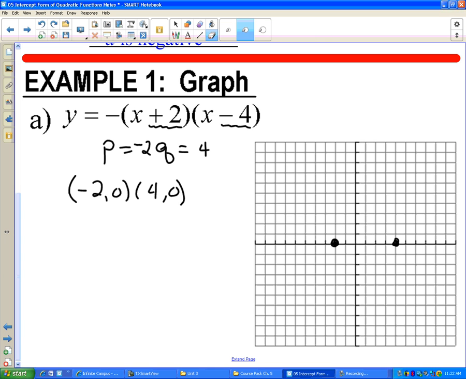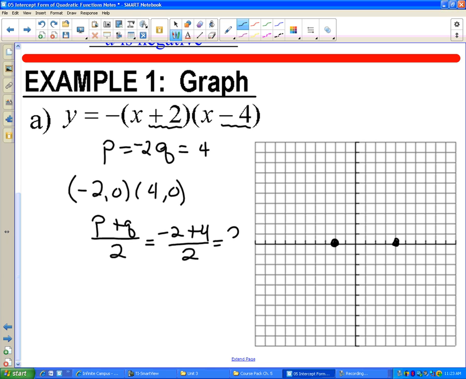I can do it graphically or I can do it algebraically. Algebraically, I'm going to say (p plus q) divided by 2. So I'm going to say -2 plus 4 divided by 2 is 2 over 2, which is 1. So that tells me that x is equal to 1.